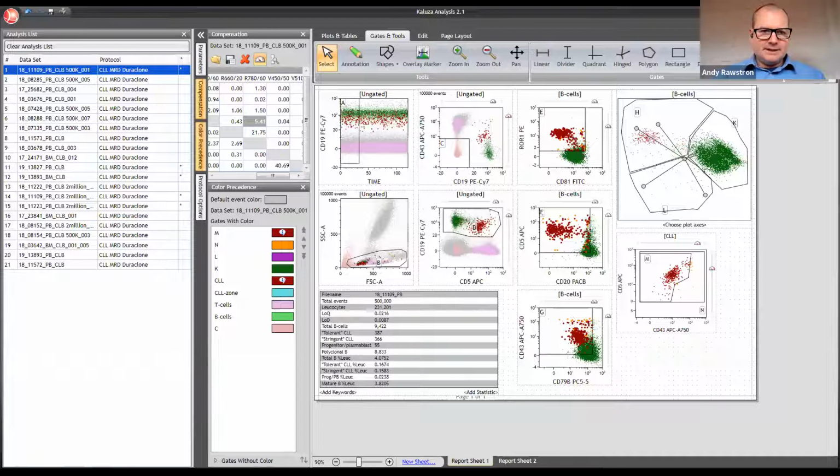The reason for that is that some of the files are 2 million event files, and it's very slow to adjust, as you will no doubt be well aware. To adjust any gates on a 2 million event file is very slow and time consuming. So if you can run the samples through a batch analysis and get a result without having to adjust the gates afterwards, this saves a lot of time.